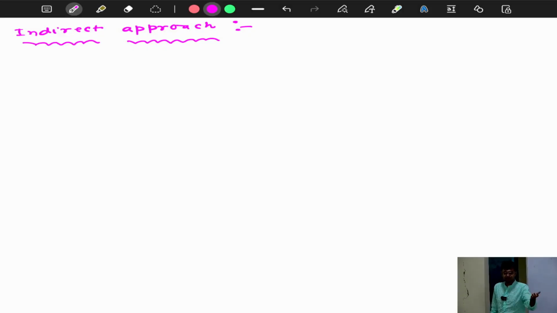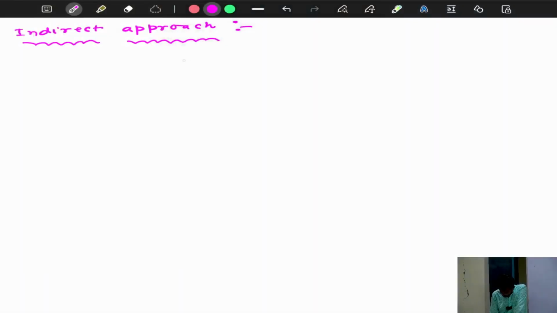Theta t plus 1 is equal to theta t minus the step size or learning rate eta multiplied by the gradient of the loss with respect to the parameter theta t. Okay, this is my gradient descent.